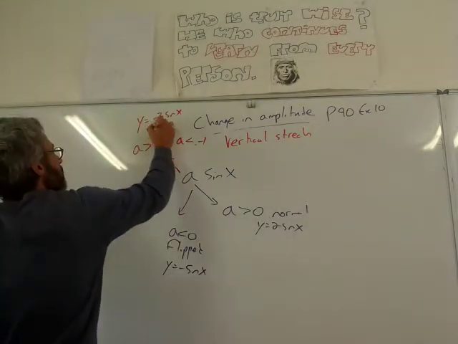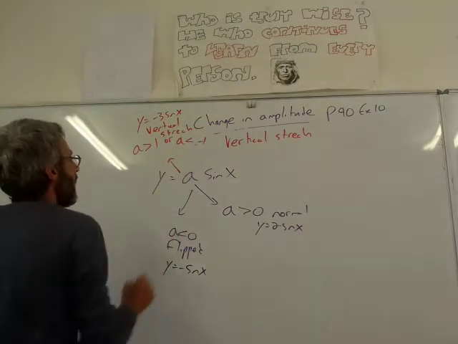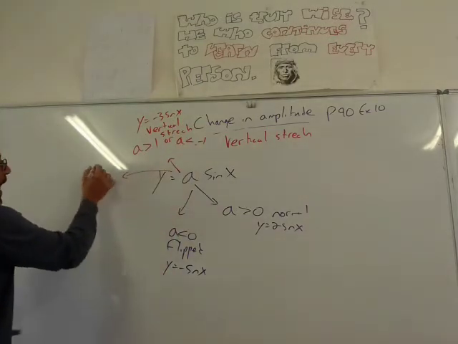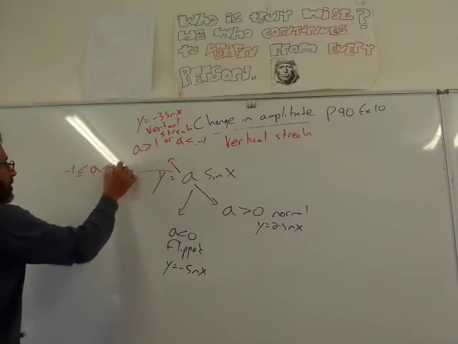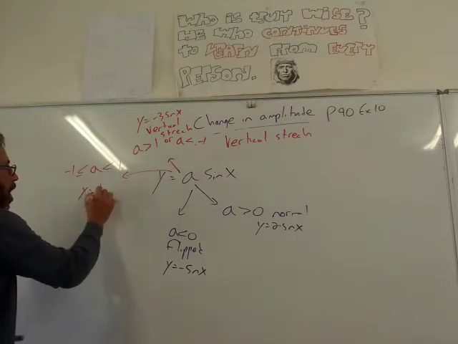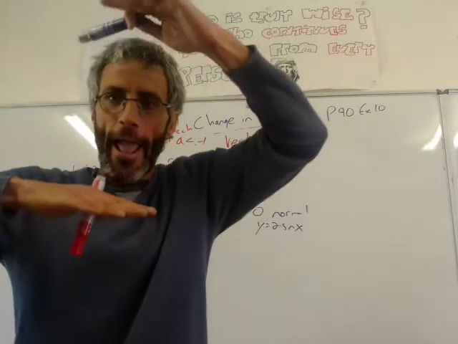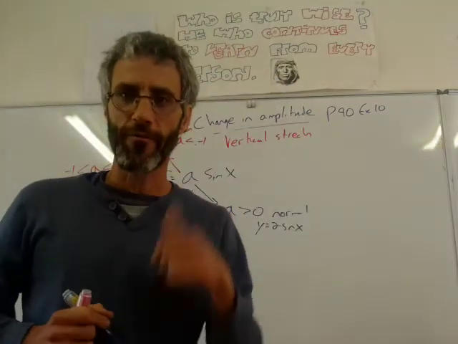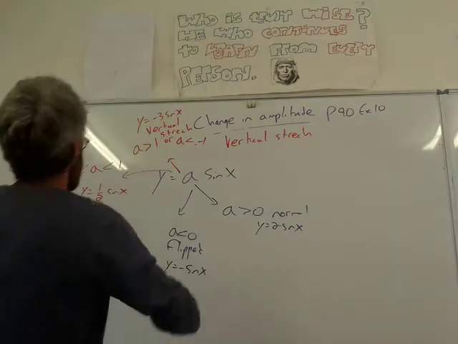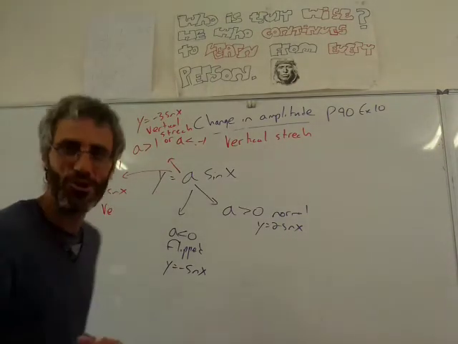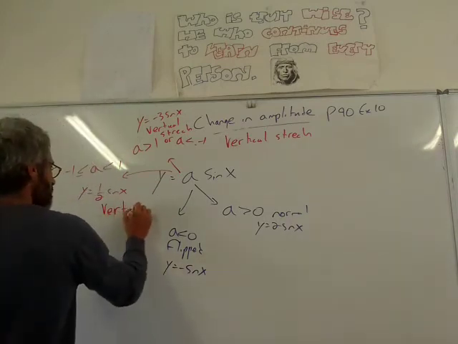We call it a vertical stretch. If, on the other hand, a is between minus 1 and 1, for example, y equals half sine x, then what happens when we had half? Everything got shrunk. The amplitude went from 1 to half. The graph got shrunk. So we'll call it a vertical shrinking. That's just a word I think I made up. I don't think you can really call it that. Vertical shrink.